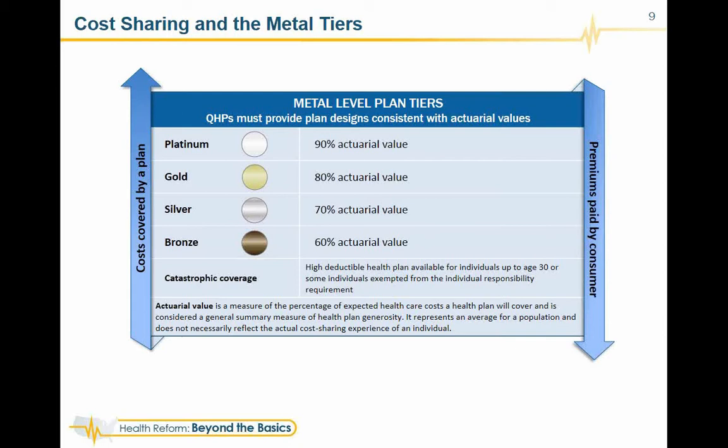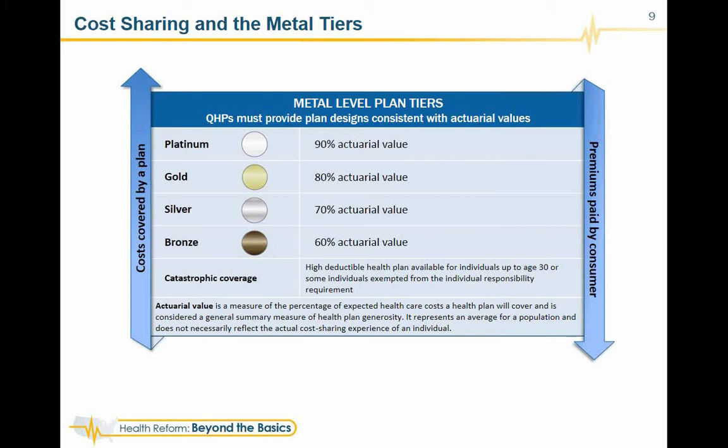It's a very technical term that's used in the insurance industry, but for purposes of setting these metal levels, it's a measure of the percentage of expected healthcare costs a health plan will cover. It's a general summary measure of how generous a health plan is, and it's calculated based on the average for an overall population and doesn't necessarily reflect the actual cost sharing experience of an individual.